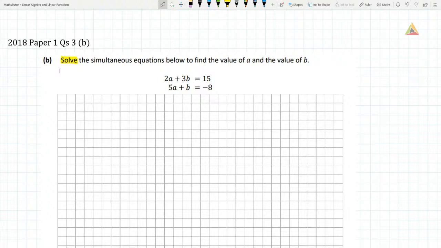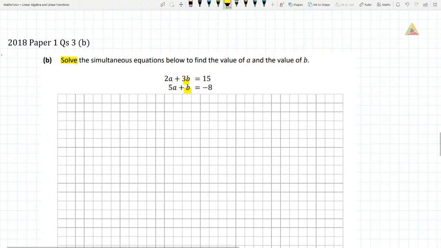So I always say, let's look at the second letter. So the second letter in each of my equations is a b. And when I look at the b, I want the number of b's in each equation to be the same. So I've got 3 b's in the top line and I've only got 1 b in the bottom line. So that tells me I'm going to have to change something to make them the same.